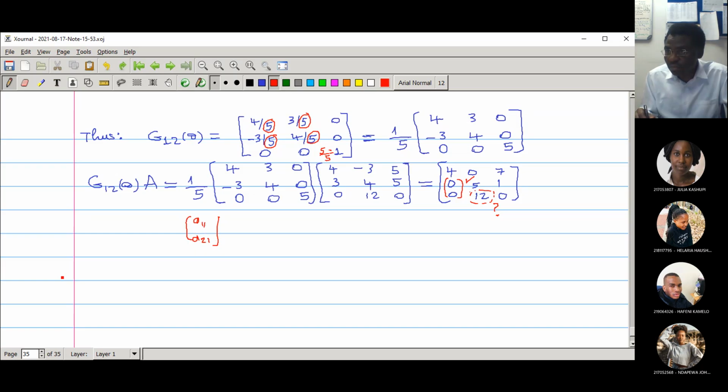So to do that, if we want to 0 12, the entry above 12 is 5. So meaning that we'll be using 5, 12 as our new A11, A21. And this we need to convert into something of the form. So we are trying to 0 this 12.